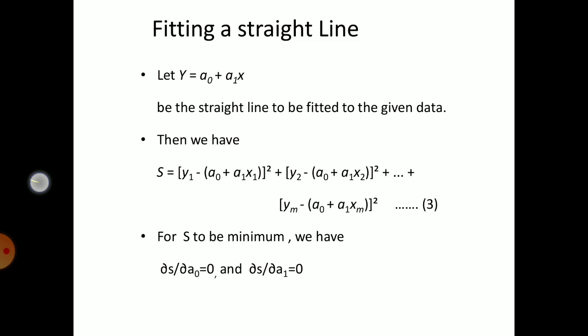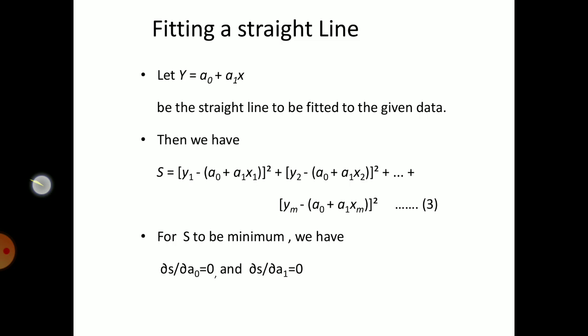At first we shall see fitting a straight line. That means a straight line is a linear curve, and today we have to see only the fitting of a linear curve, that means fitting of a straight line. Here the general equation of a straight line is ax plus by equals c. Here a and b are constants of the expression with variables x and y, and c is a constant term.